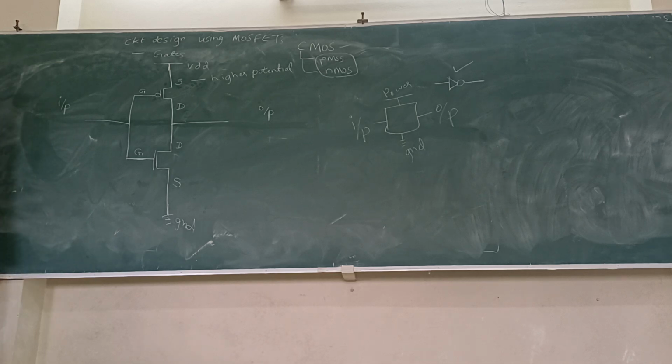Now, if you refer back to the table which was given in the previous class, gate 0, gate 1, we have NMOS and PMOS.